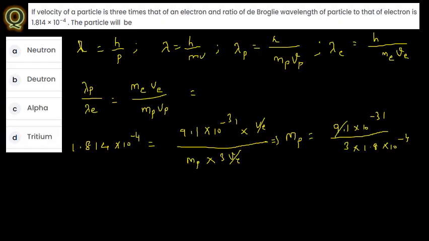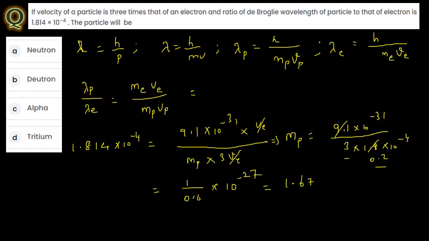Now you just cancel this one. If you consider this is 9 and this is 1.8, here is 0.2. So I just mention 1 divided by 0.6. You just multiply 0.2 into 3, that is 0.6, and if you cancel this one, 10 to the power of 4 will go, that will become 27. 1 by 0.6 here is approximately 1.67.